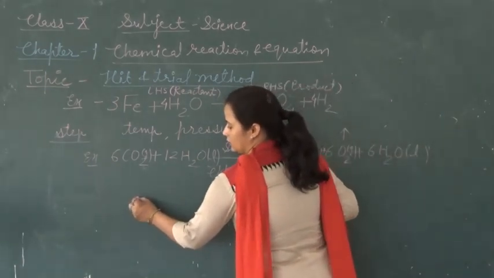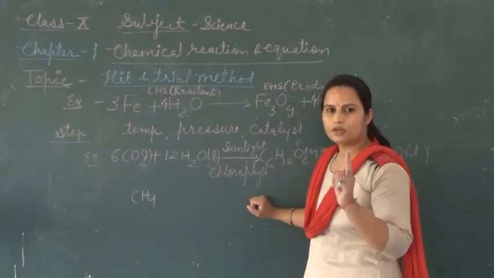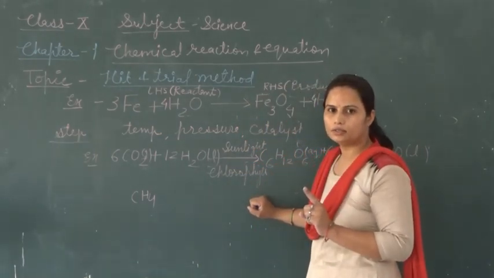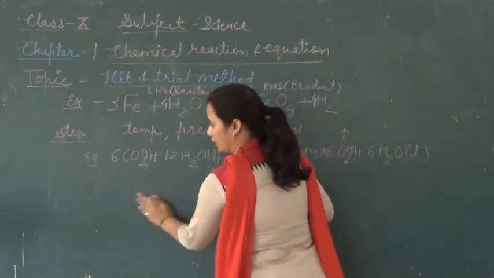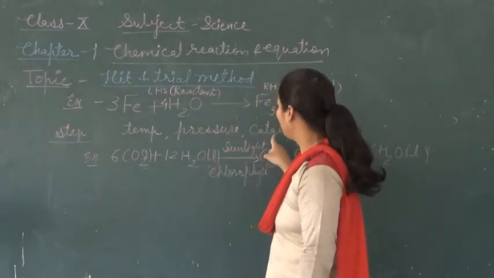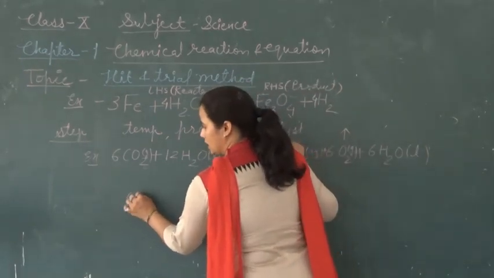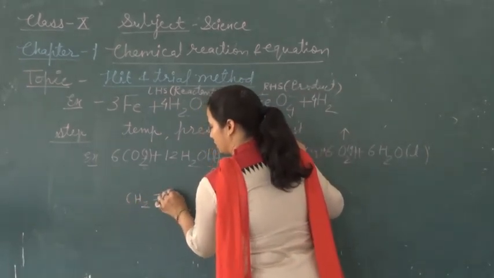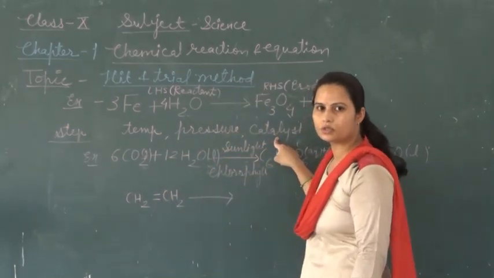For example, CH4 is called methane. It is the simplest hydrocarbon, the first hydrocarbon. But I told you one example: how do we mention the catalyst? In a hydrogenation process, the unsaturated carbon compound CH2 double bond CH2.